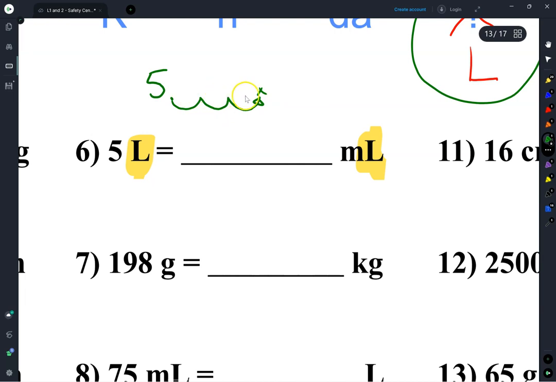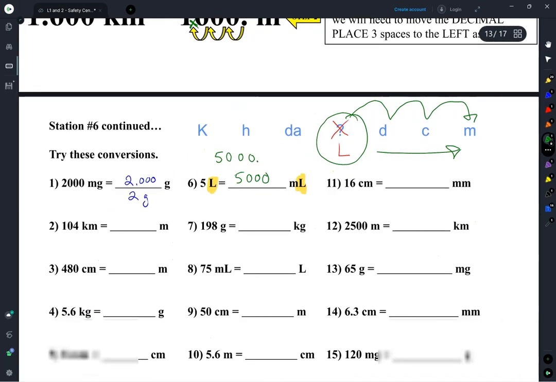Now I can't just leave empty spaces in between, so I must fill them out with zeros. So there it is. 5 liters is equivalent to 5,000 milliliters. Let me just write the decimal there. So 5000.